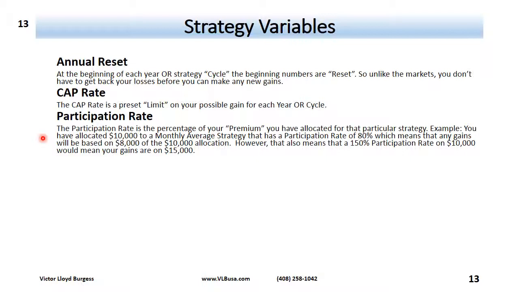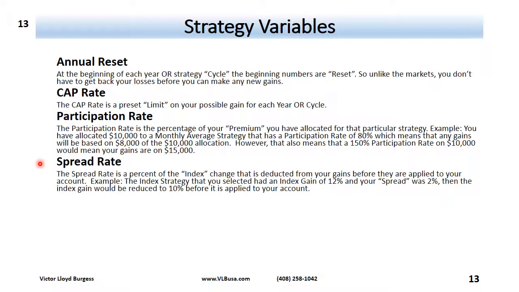However, that also means that with a 150% participation rate on a $10,000 allocation, you would be getting gains on $15,000. So any of those strategies we just talked about, when you looked at the S&P return, that would be adjusted according to the participation rate, and then you apply the strategy.